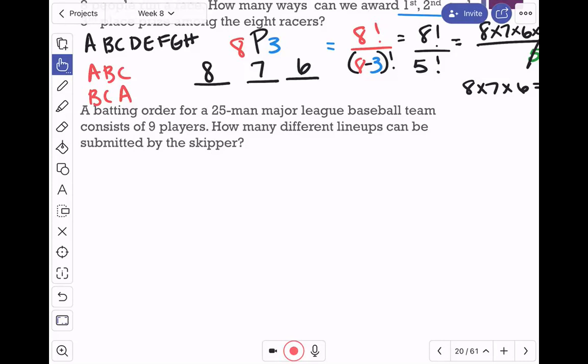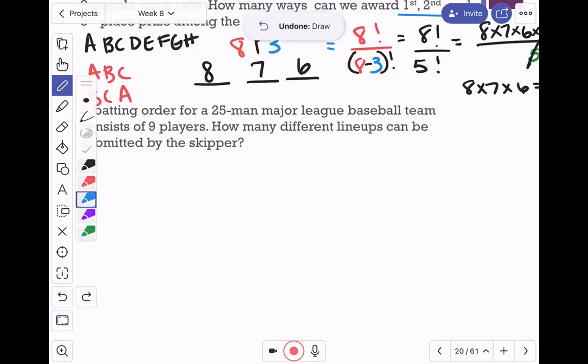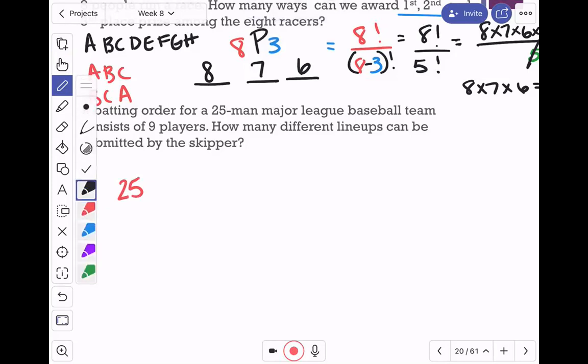So again, we can use the formula. The formula says this. I have how many things? 25, right? So this is going to be 25P, and I want to use 9 players, so 25P9.